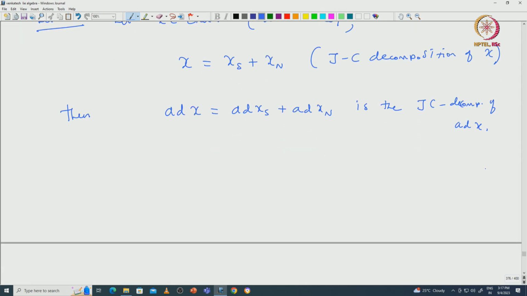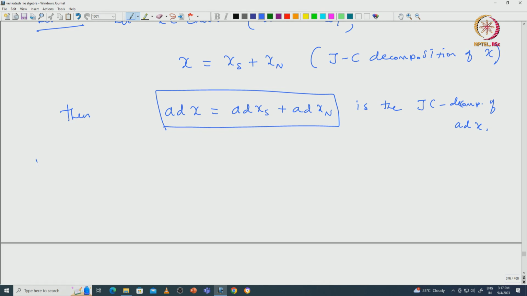We have x being xs plus xn. To prove that ad x equal to ad xs plus ad xn is the Jordan-Chevalley decomposition, we need to first verify that ad xn is nilpotent and ad xs is semi-simple and so on.